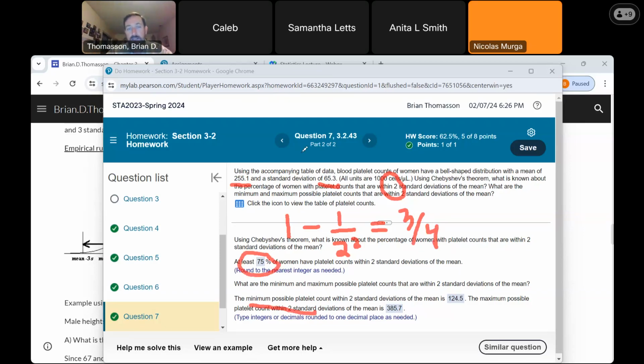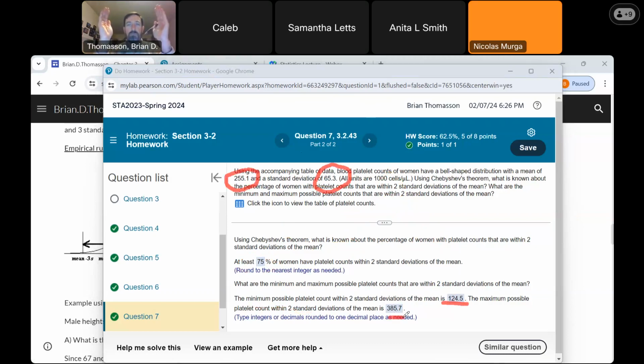So we take our mean and subtract the standard deviation twice to get the lower bound. So 255.1 minus 65.3 twice is 124.5, and then 255.1 plus 65.3 twice is the upper bound of 385.7. That gives us our cutoff of what's likely and unlikely to occur.